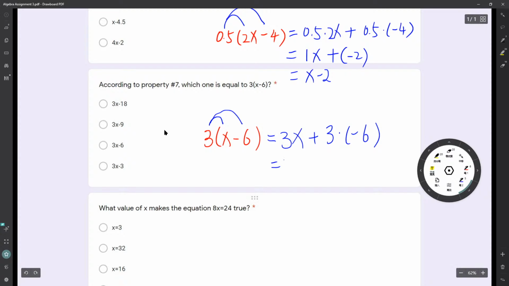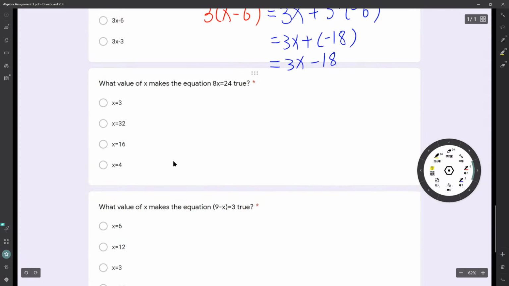So 3x plus negative 18, and we write it as 3x subtract 18. If you plus a negative number, it's the same as subtracting the 18. So our answer is here.